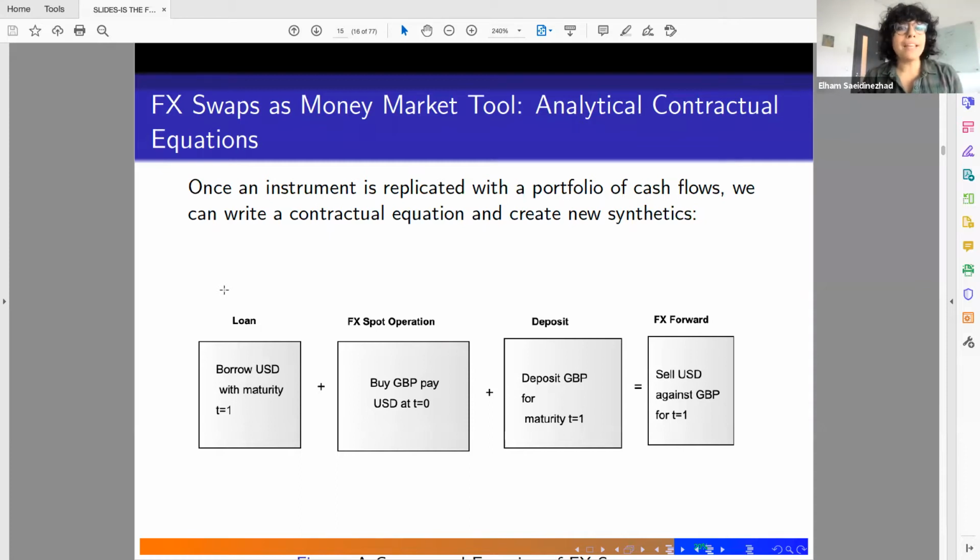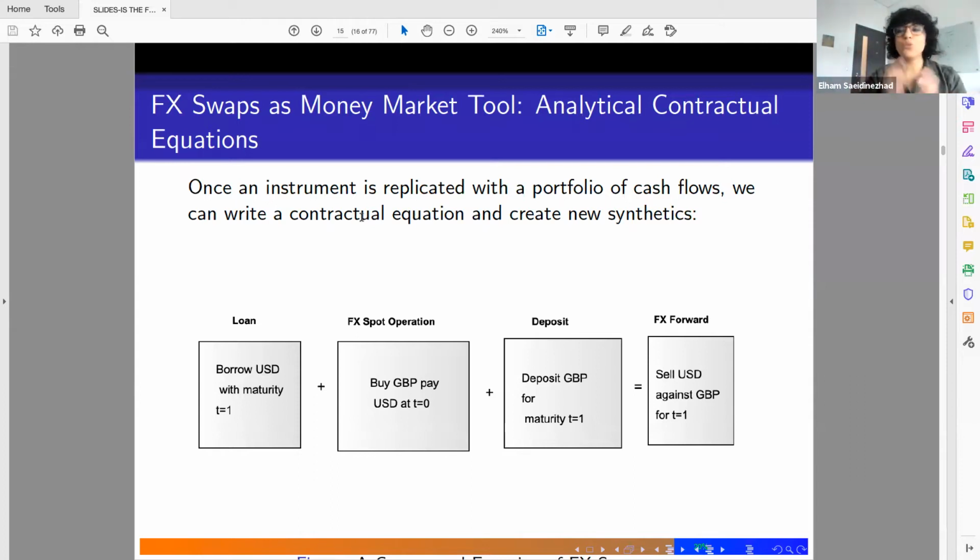Instead, what this bank is going to do is borrow from the domestic money market. Sorry, in this equation, when I wrote it, I actually still assume that the bank has pounds, so it doesn't need to borrow from the domestic money market.